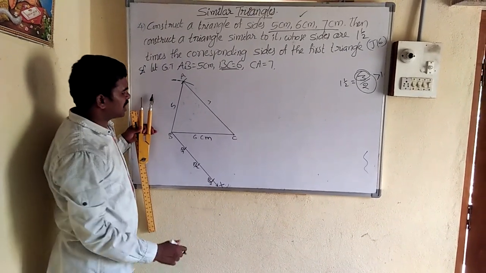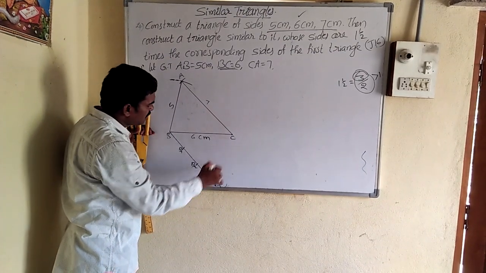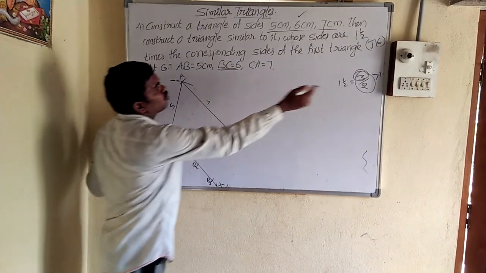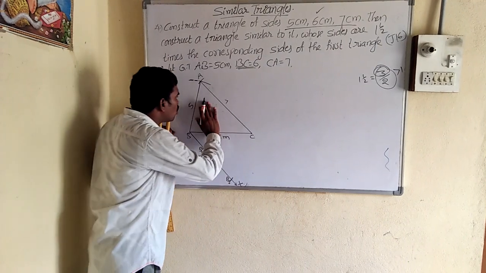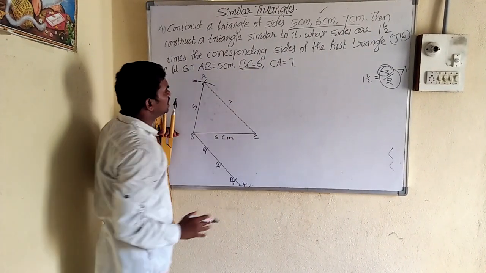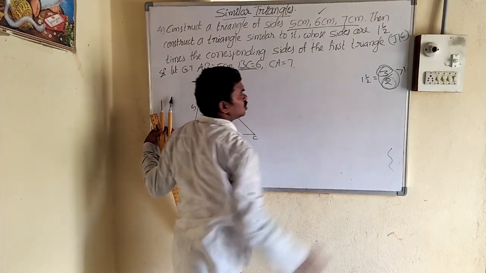So, a small change. If the ratio is less than 1, we have to join the last point B3 and C. But here we should get a triangle larger than the previous triangle because the value is greater than 1. So to get it larger, we should take the minimum value, which is 2.